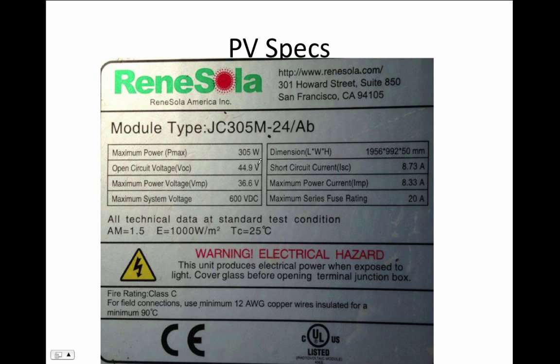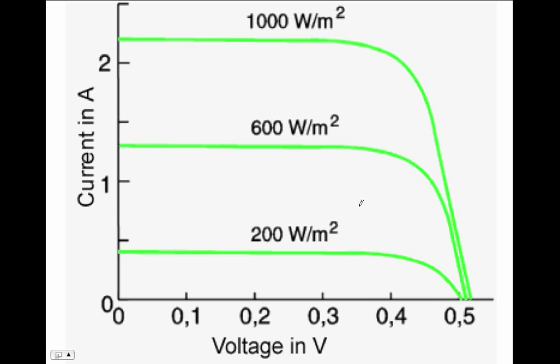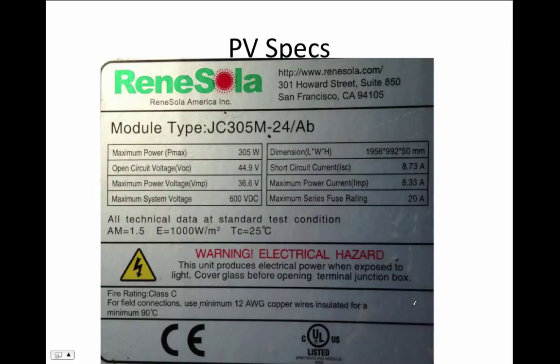So this says that the open circuit voltage is 44.9. Now let's go back and look at this curve. What that's saying is this point for this particular panel would be 44.9, the open circuit voltage. And then the maximum power voltage is 36.6.